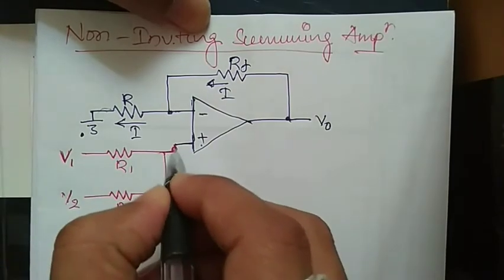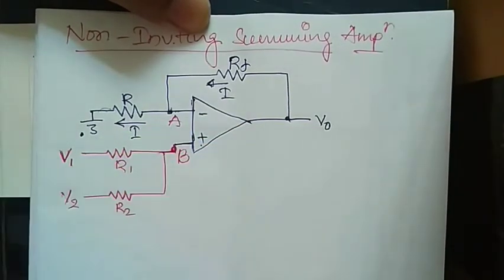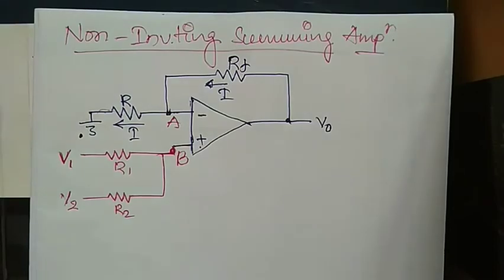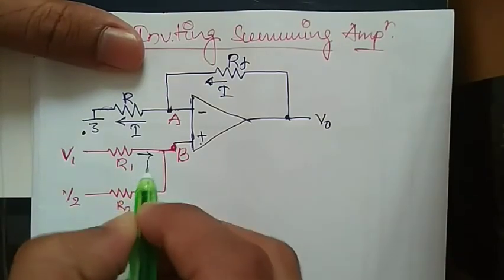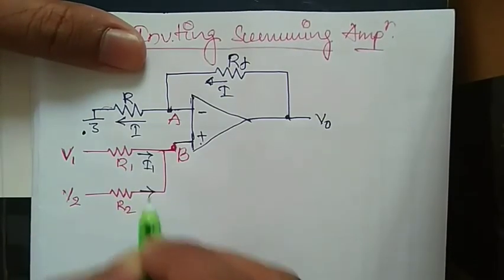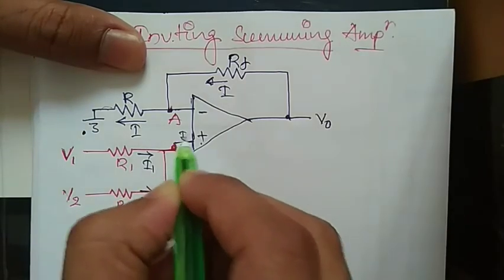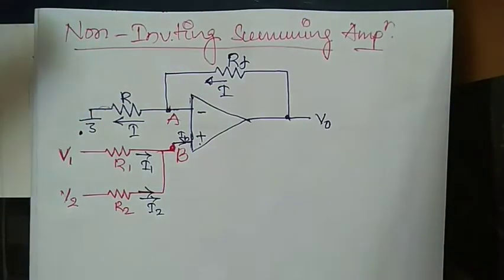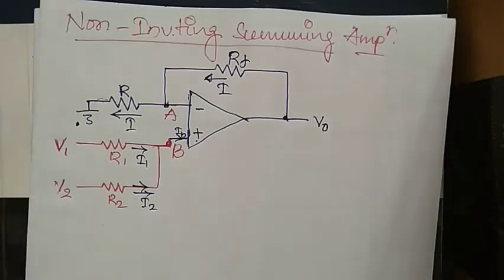Let me consider this is point B and this is point A, virtually connected. So that is I1, this is I2, and the input current we have is IV.